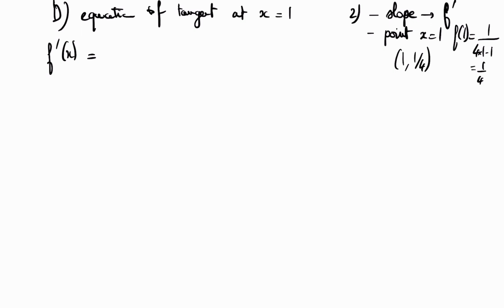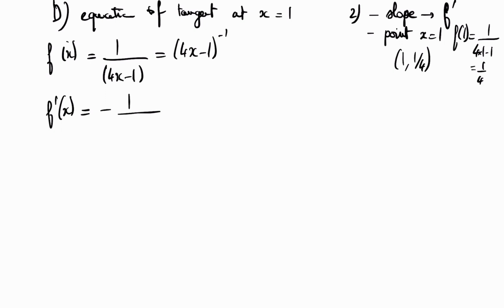So, okay, the derivative. Maybe I'll rewrite the function here. So f of x is 1 over 4x minus 1, which is (4x minus 1) to the power of minus 1. Therefore, the derivative is minus 1 over (4x minus 1) squared times the derivative of what's inside, which is 4.